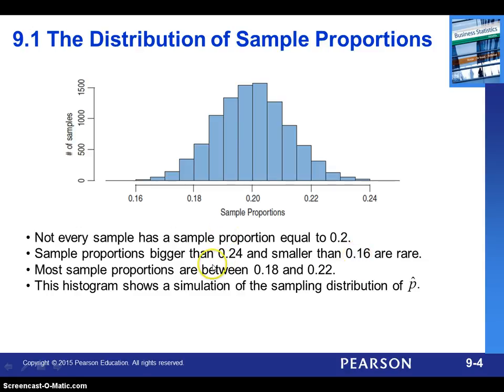And that most samples, within 1 standard deviation, 68%, are between 18 and 22%. All these sampling distributions are called p hat. They have a little hat above it.